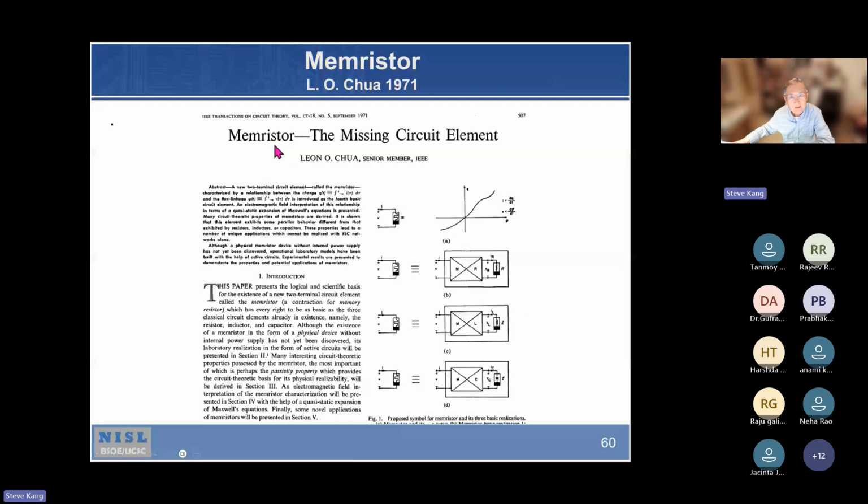And he was linking what was supposed to be the missing link between the charge, as an integration of a current, and the flux linkage, as an integration of a voltage. So it was a defining relationship between electric charge Q and the flux linkage phi. So that was his paper in 1971.